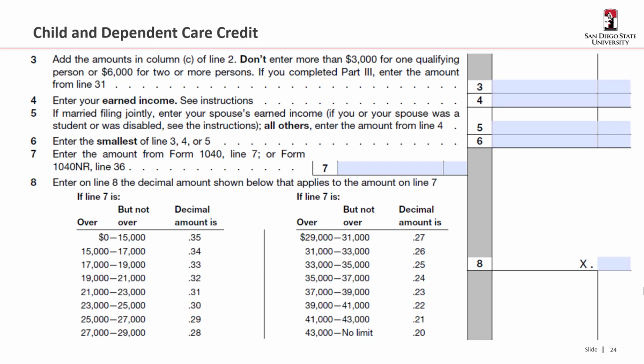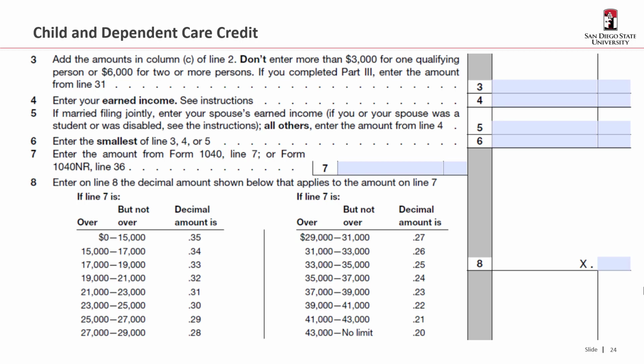And note that line 3 says don't enter more than $3,000 for one qualifying person or $6,000 for 2 or more. So the absolute most you can claim, no matter how many dependents you have, greater than 1, is $6,000. If you have 1, the most you can treat as qualifying expenses is $3,000. So you compare that to your earned income in line 4.